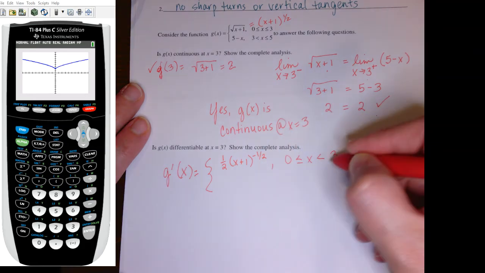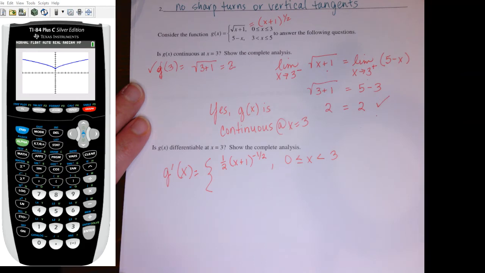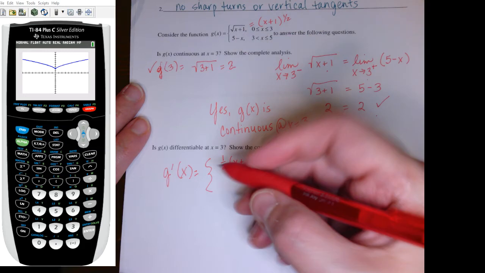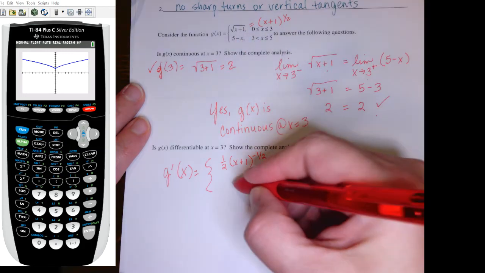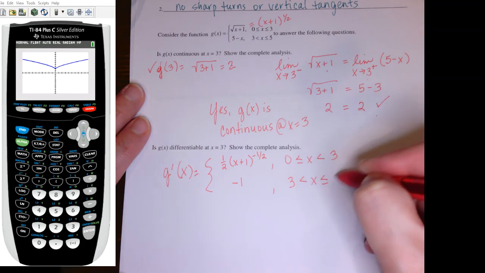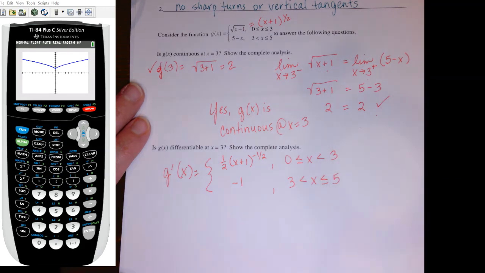I'm intentionally leaving off the equal because I'm not sure if it's equal there. Then the derivative of the second piece, the derivative of 5 minus x would be negative 1. Now we need to check these pieces to see if I get the same value when I do the left and the right.